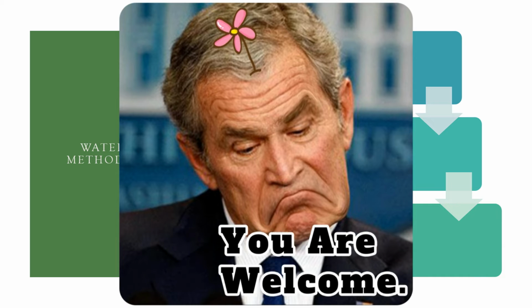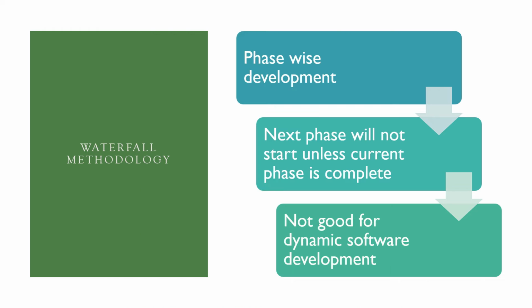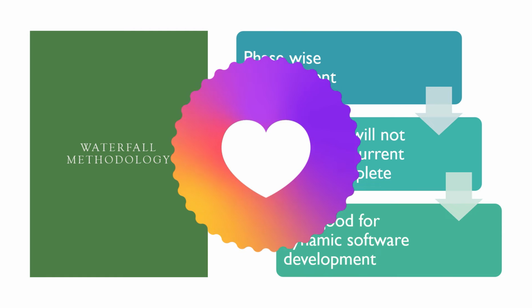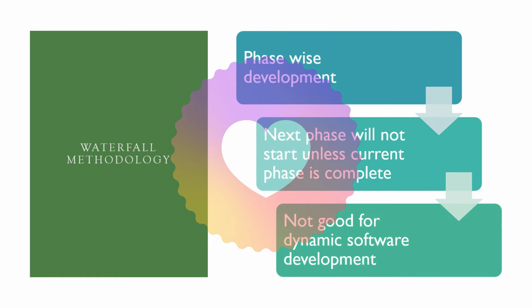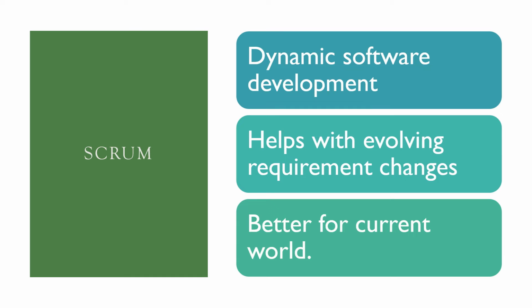In general it can still be used for very small software, or some project where everything is static. So you have all the information, you don't expect any change, maybe you can still go ahead with waterfall. But most developments are quite dynamic in nature. That's why we need Scrum, because Scrum is an iterative approach where you build something.